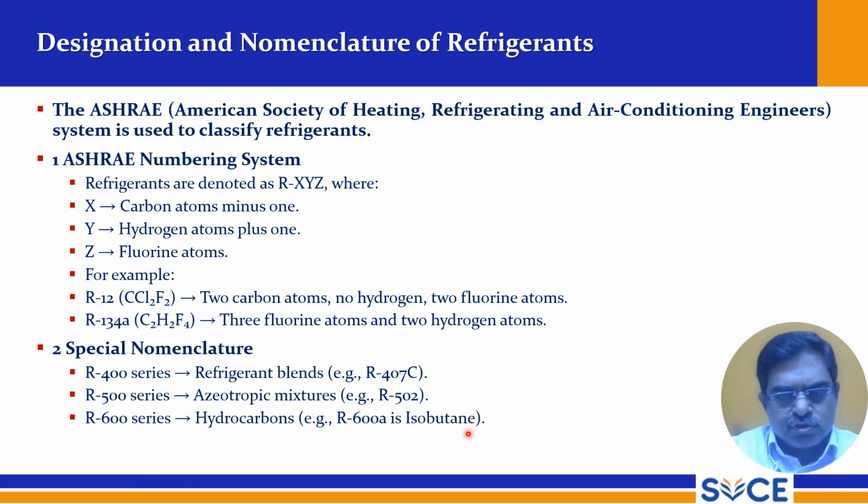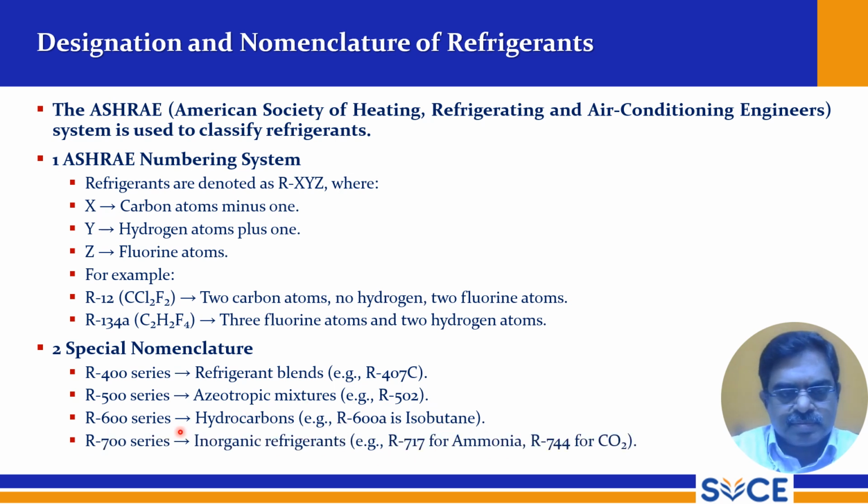R600A is isobutane, so this is also represented in the R600 series. R700 series are inorganic refrigerants, that is R717 for ammonia, R744 for CO2. So these are the designations given as per the special nomenclature method.